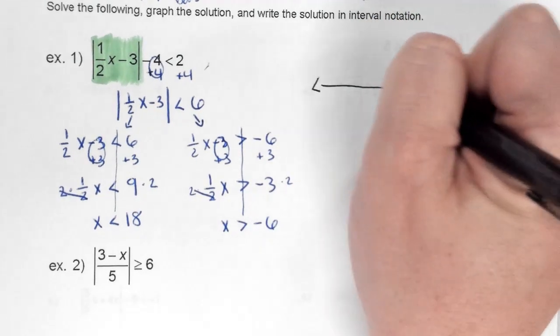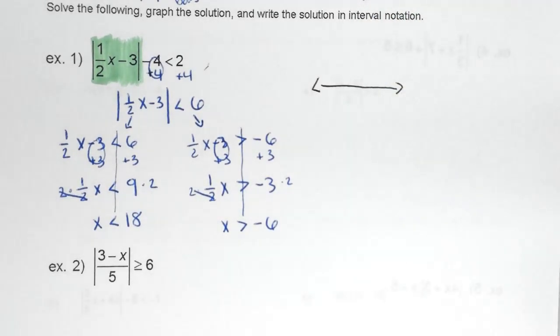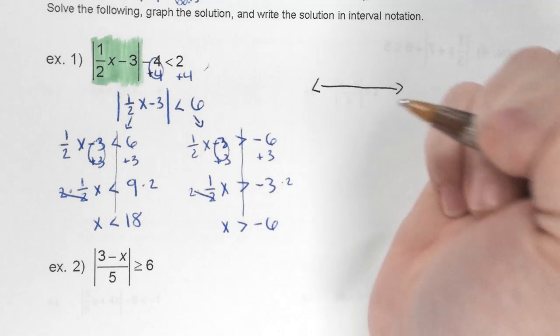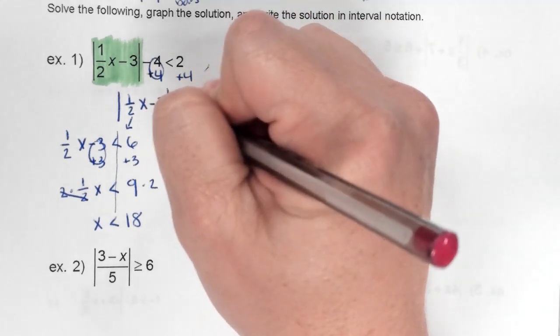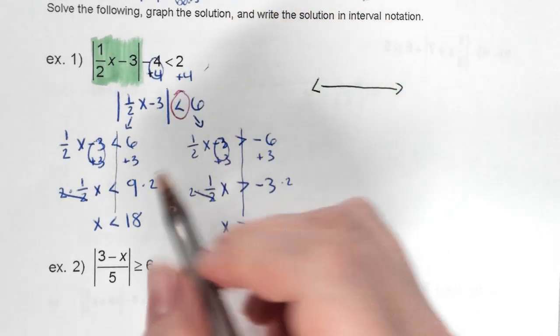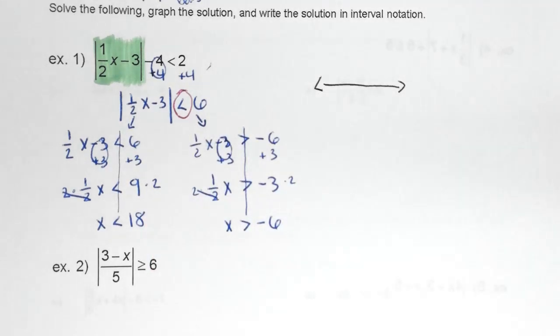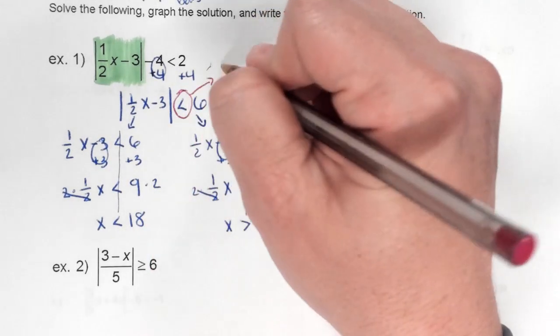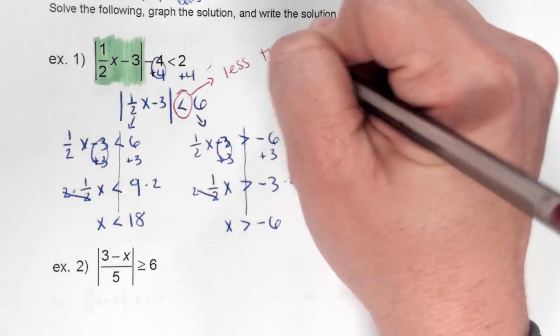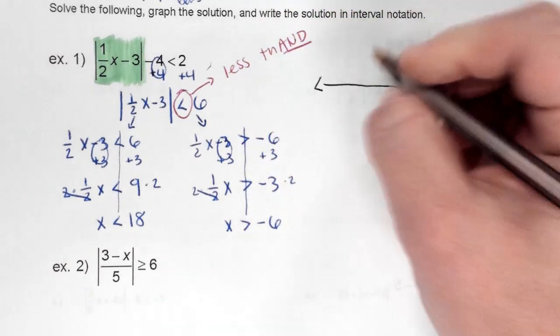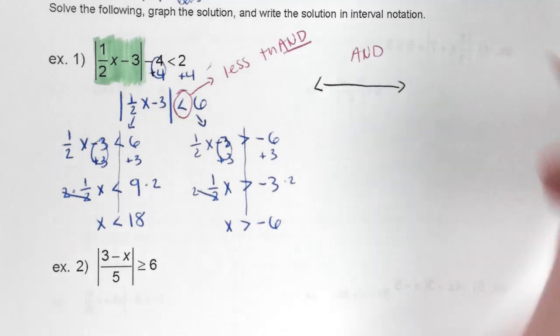Because it's an inequality, we have to graph it and put it in interval notation. However, we look at our symbol from right before we separated. Here's right before I separated. What symbol is that? So it's a less than problem. So this is an "and" graph.